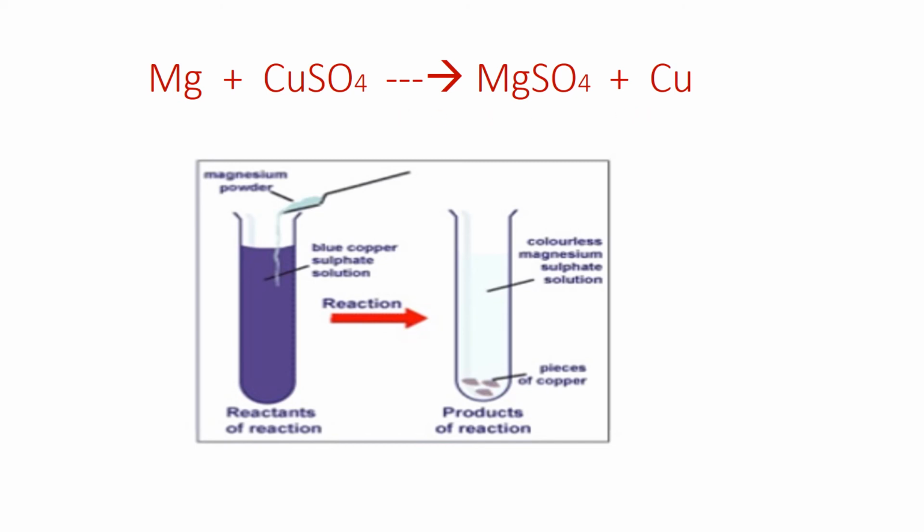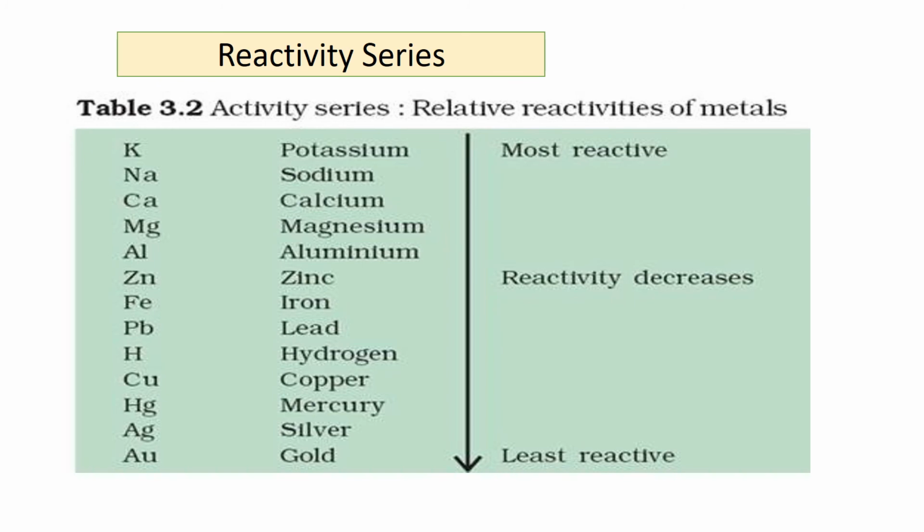So in this way you have seen that when a metal is more reactive, it displaces the other metal from its salt solution. Now we will study the reactivity series. What is the reactivity series? It is a series of metals in which metals are arranged in the decreasing order of their reactivity.